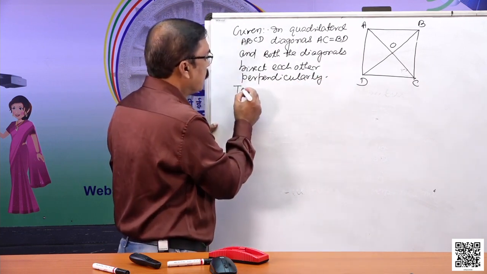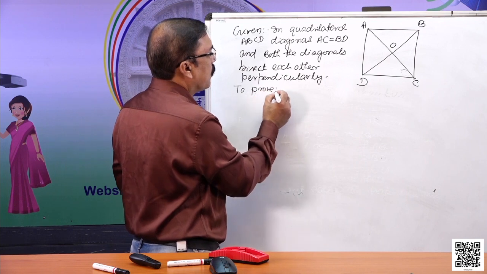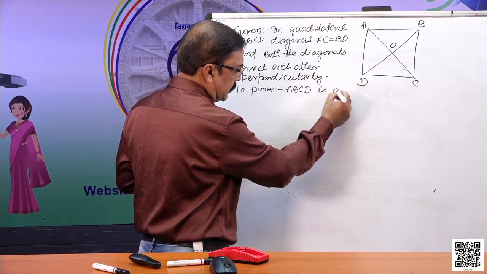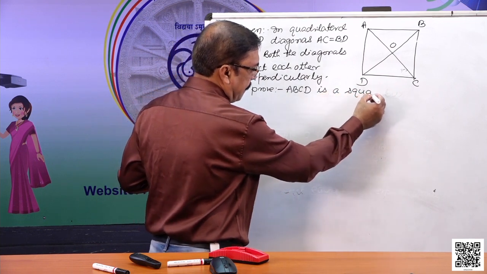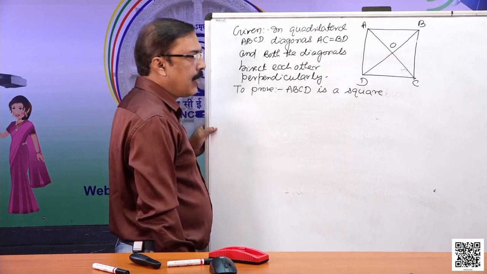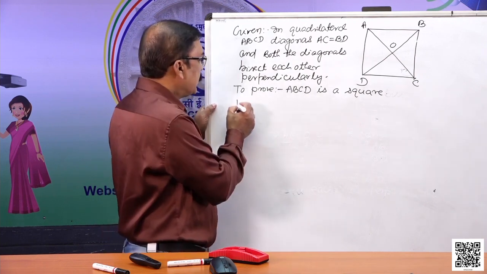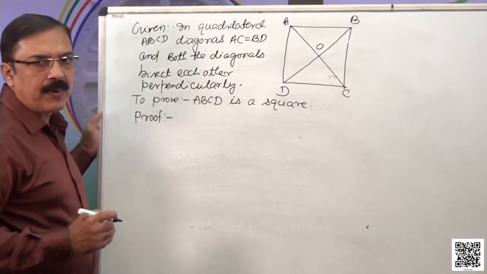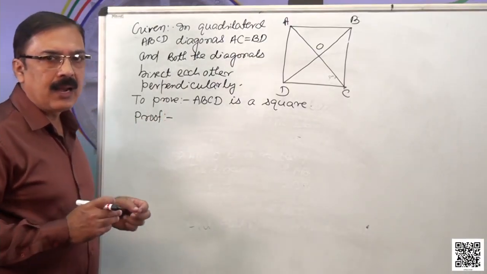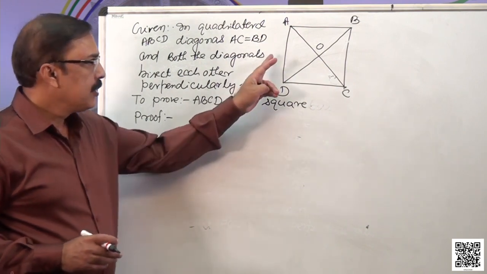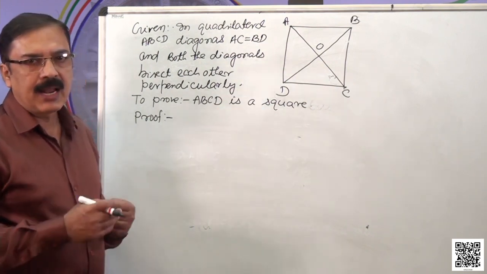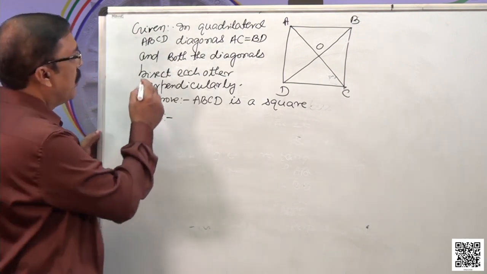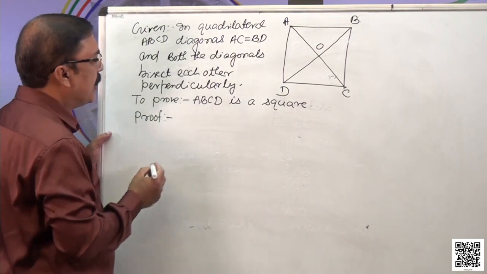What to prove? We have to prove that ABCD is a square. Just as we discussed, the square has both the properties of a rectangle and a rhombus. If we can show that this ABCD is a rectangle and a rhombus, then it is a square. So from the first condition, let's start.